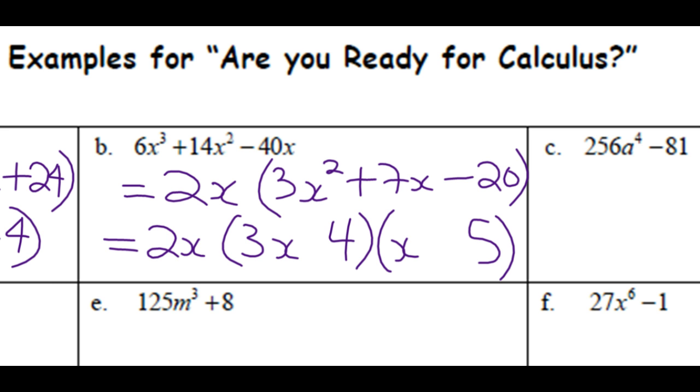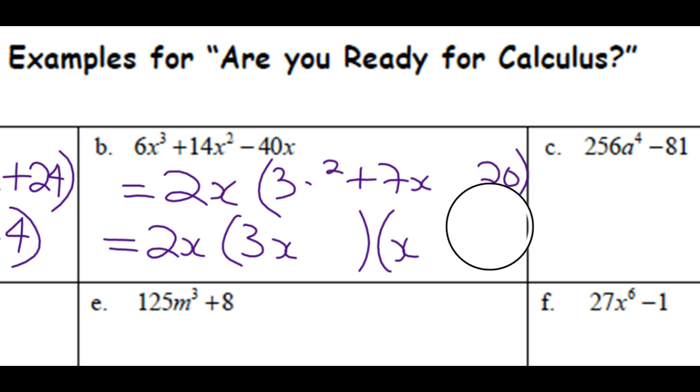And a 4, that won't give me a 7, so that's no good. So what if we put a 4 here? That'll give me a 12, and a 5 here, and then that should be positive and negative. So 3x squared plus 12x minus 5x is plus 7x, minus 20, which does work.